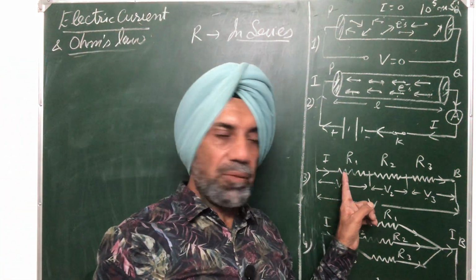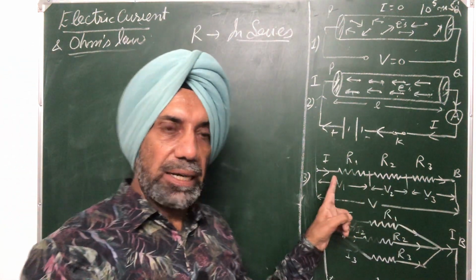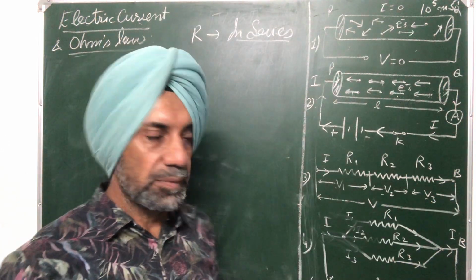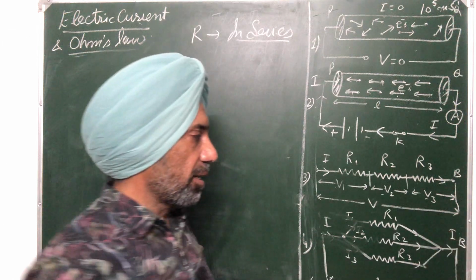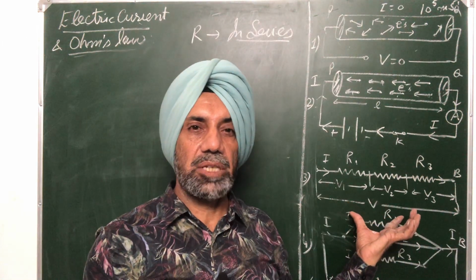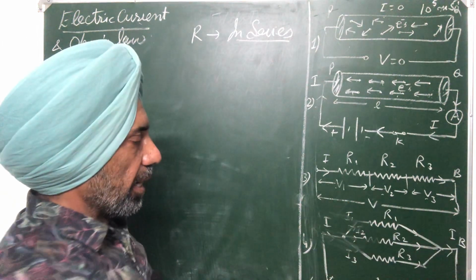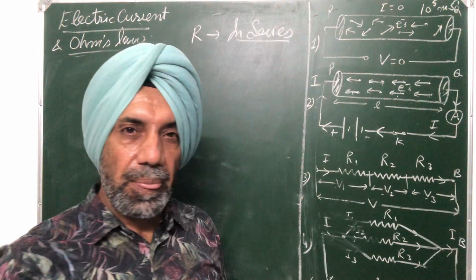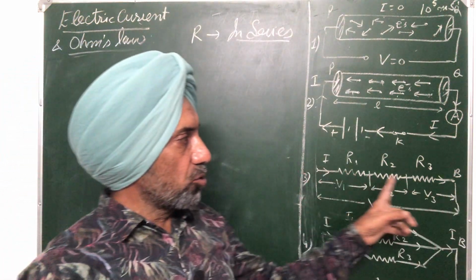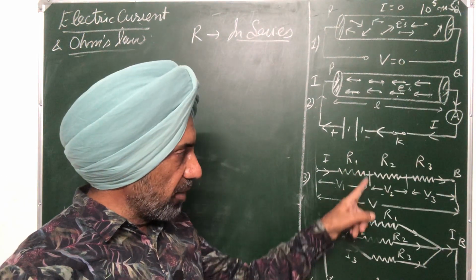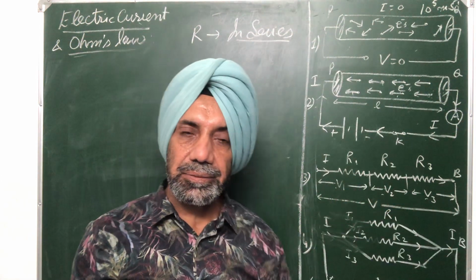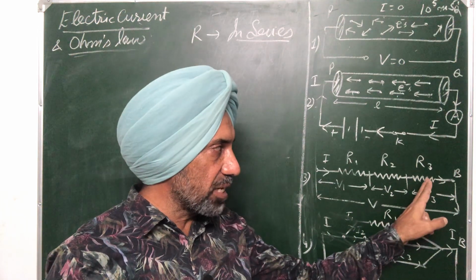Suppose three resistances R1, R2, R3 are connected in series between A and B. And between A and B, a source of EMF is connected, so that V is the total potential difference between A and B. Let I be the current flowing through the circuit. Now in this case, the current flowing through each resistance will be the same, but the potential difference across each resistance will be different, because we have different potentials at different points.